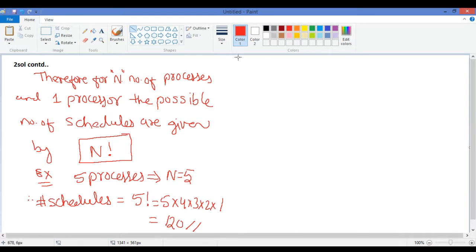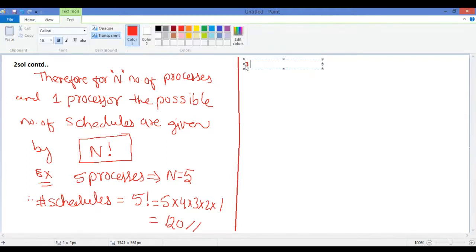Okay. So now we will use our mathematics knowledge for solving this kind of problems. No need to give proof, like previously I have given you the proof for n factorial. Now directly we will apply the formula for the third solution.